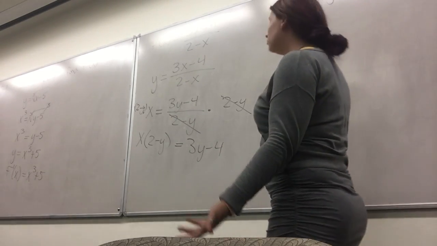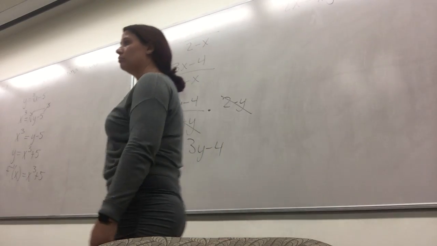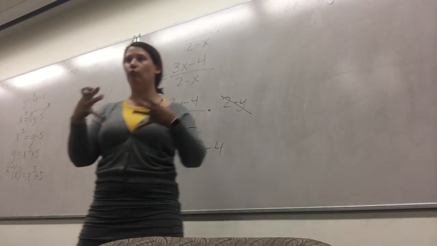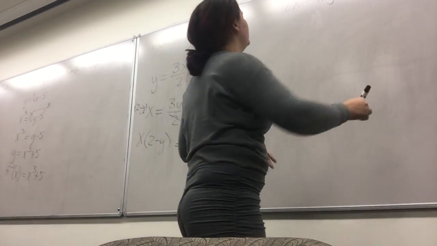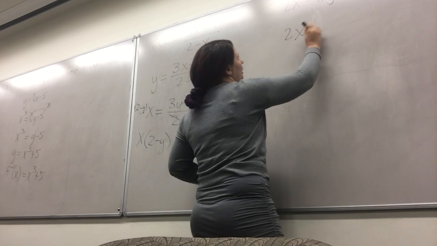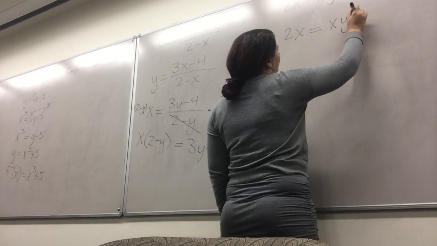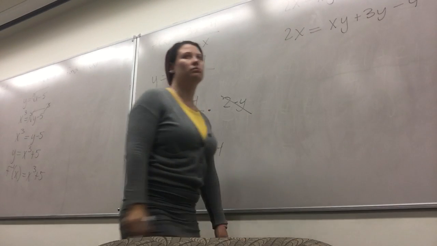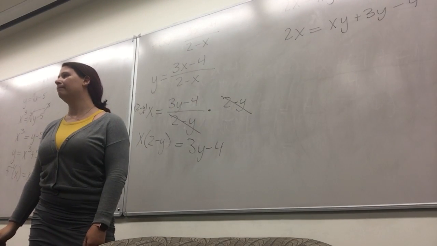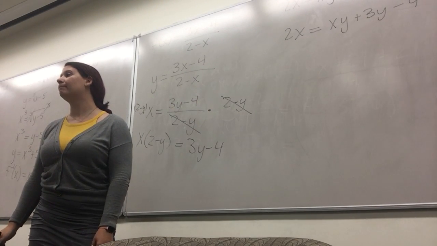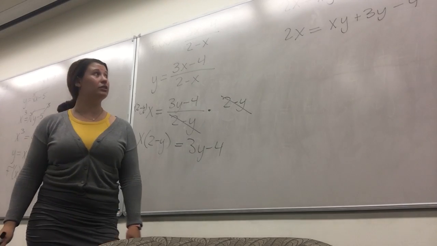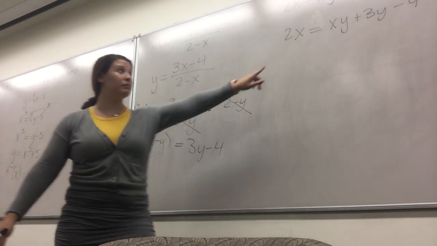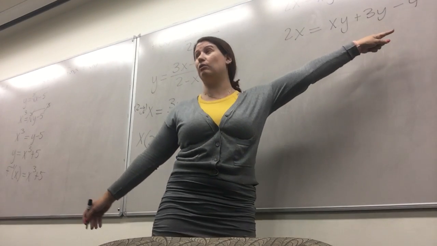So then, what? Add the xy, get the y terms on the same side. So we have 2x equals xy plus 3y minus 4. Now what? We can factor out the y just from these terms, right? This term doesn't have a y.